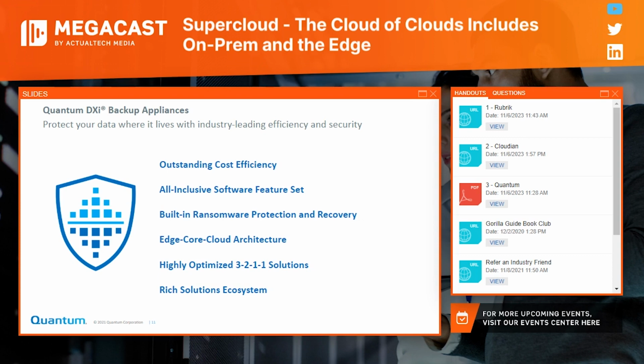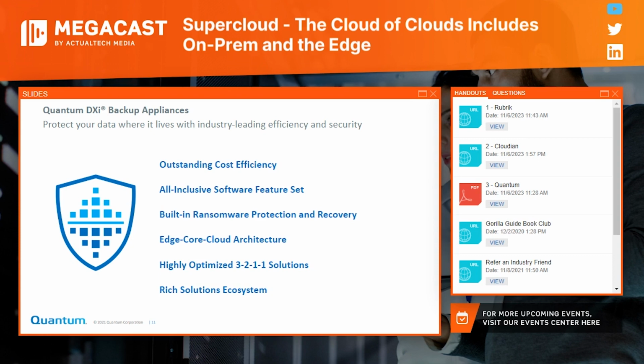It's got an edge, core, cloud architecture, and I'll talk about that a little bit more because this makes it very amenable to a supercloud type environment. And another key element is that it really provides for 3-2-1-1 solutions. This is a backup and data protection best practice and strategy that is used across the industry.